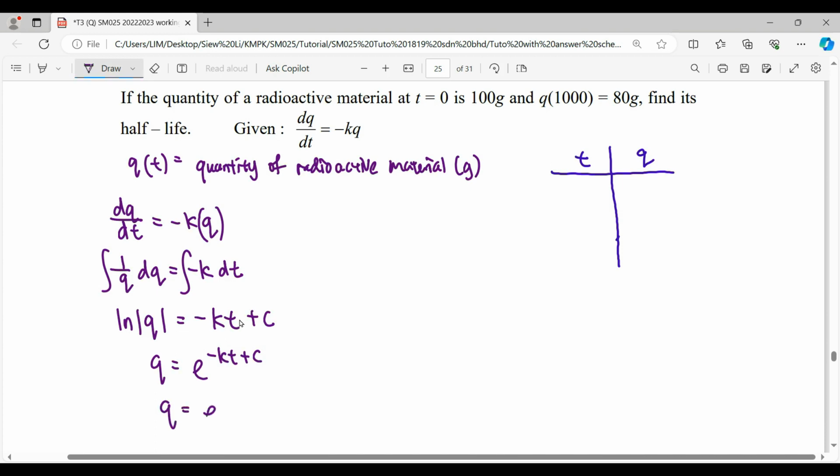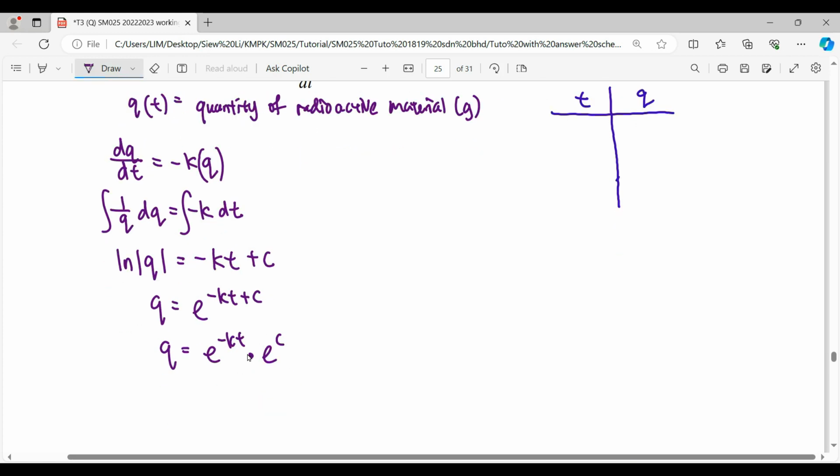Then we simplify: since the power has a plus, it will be e to the power of C multiplied, so the powers add together. Simplifying this e to the C, constant and constant, we just make it a constant A. Therefore, this is our general solution.